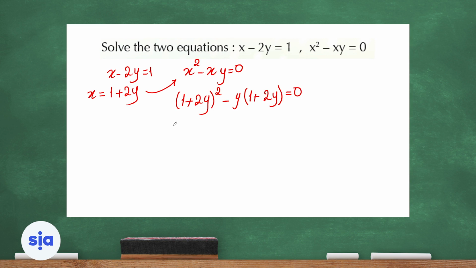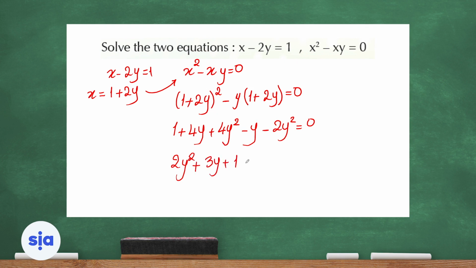How to expand this binomial? 1 plus 4y plus 4y squared minus y minus 2y squared equals 0. Let's combine the like terms together. 2y squared plus 3y plus 1 equals 0.